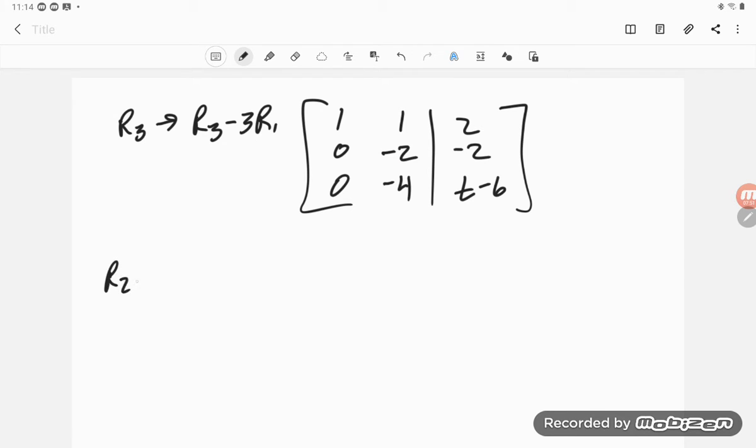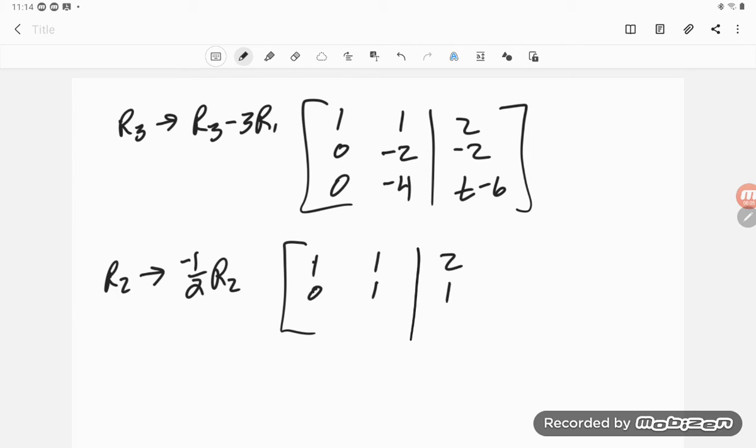So row 2 gets negative 1/2 row 2. So that's 1, 1, 2, 0, 1, 1, and 0, negative 4, and t minus 6.